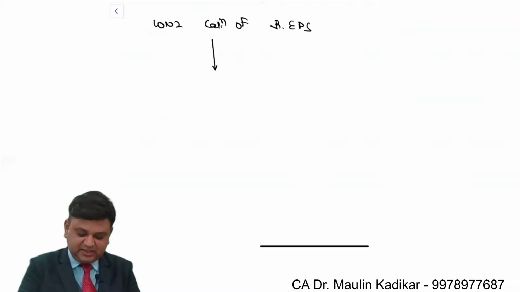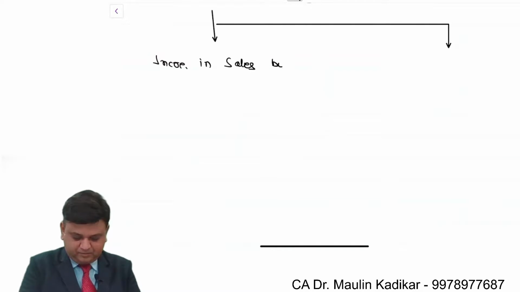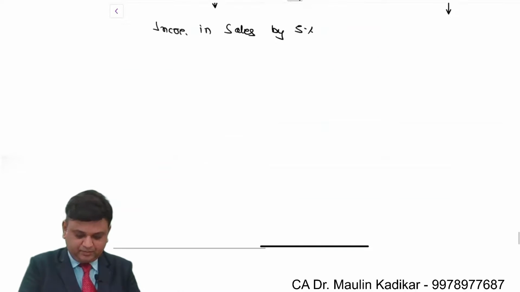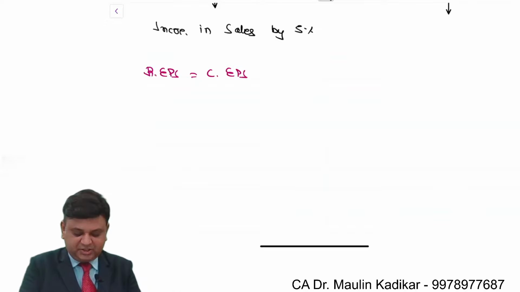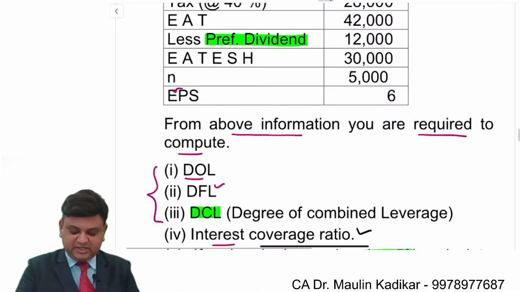If there is an increase in sales by 5%, the revised earning per share is equal to current earning per share plus increase in earning per share. The current earning per share is provided in the question as 6.